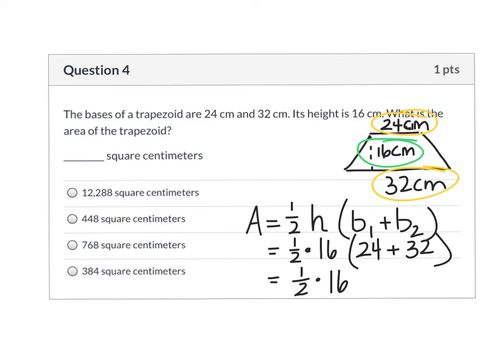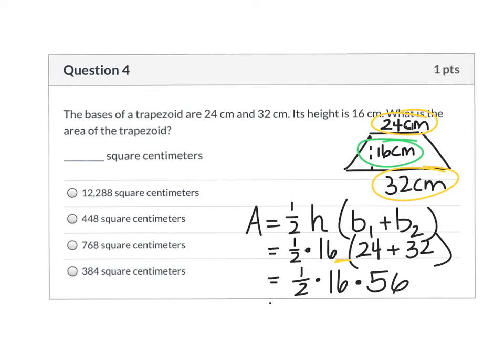You remember back when we were solving equations, there is no sign between the 16 and the parentheses. When there's no sign, it means we're multiplying. So once I do my adding in the parentheses, I'm going to put in a dot to remind myself to multiply. So 24 plus 32, when I add that together, I get 56.